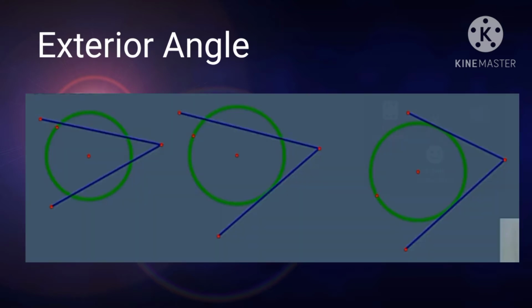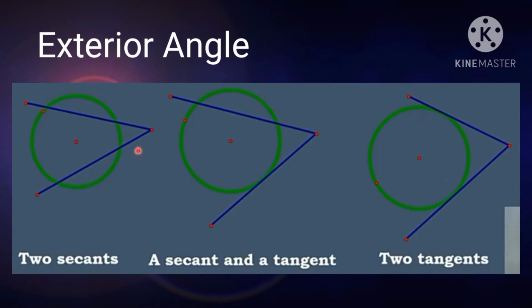Based on the figure, the first figure shows two secants, the second figure shows a secant and a tangent, and the third figure shows two tangents. All of the figures show an exterior angle, where the vertex is outside the circle.